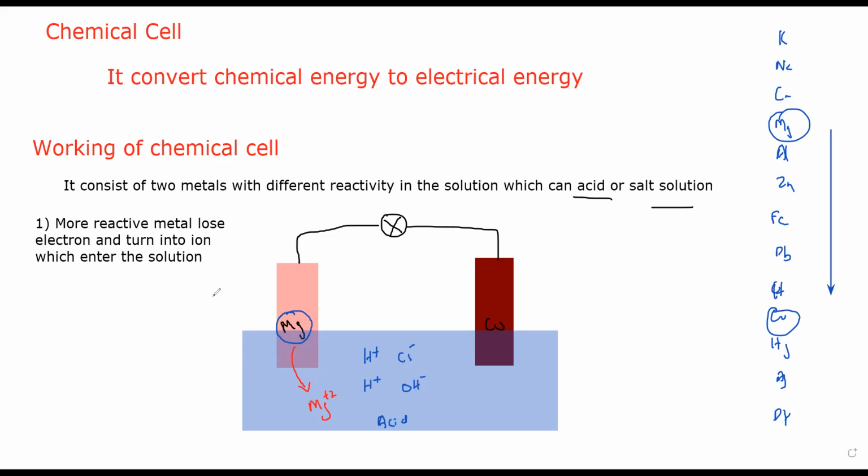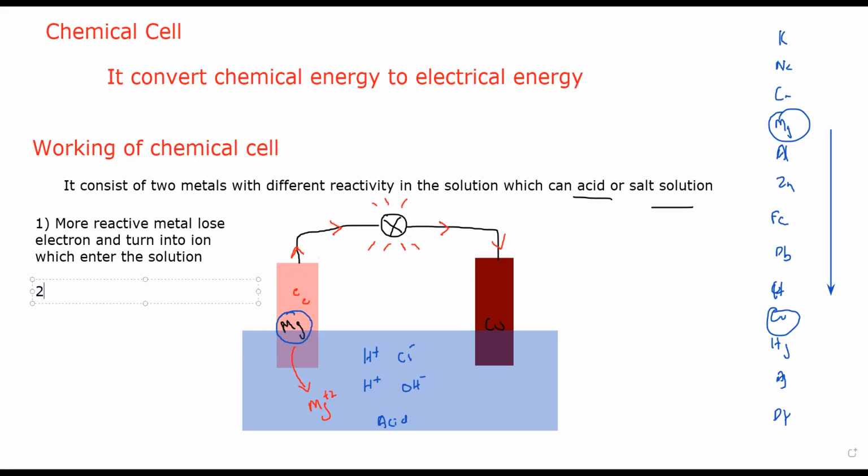And what happened to those electrons? The electrons which magnesium loses will travel through the wire. When the electrons are moving through the wire, as they pass through the lamp, it will light up.